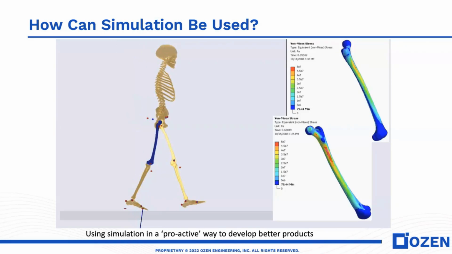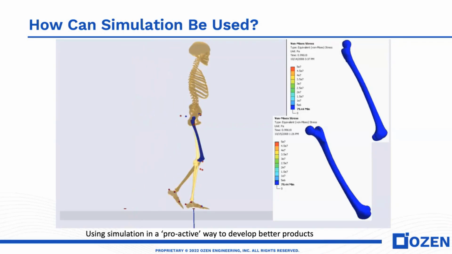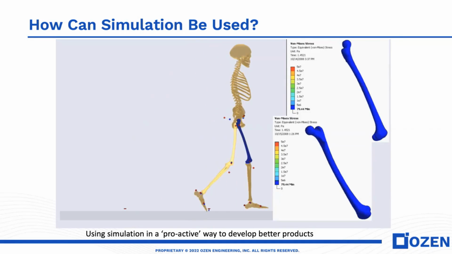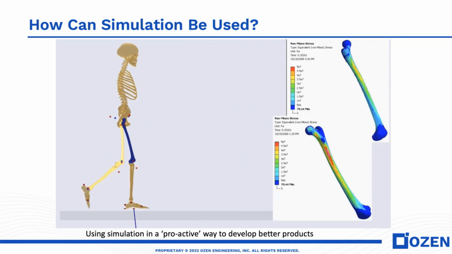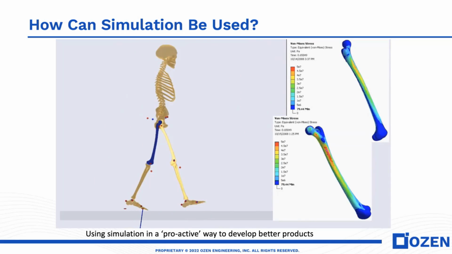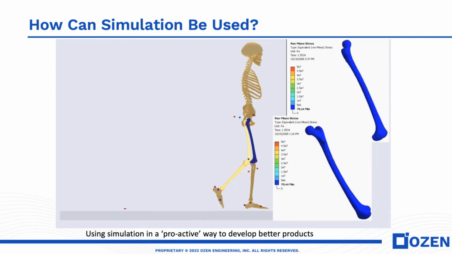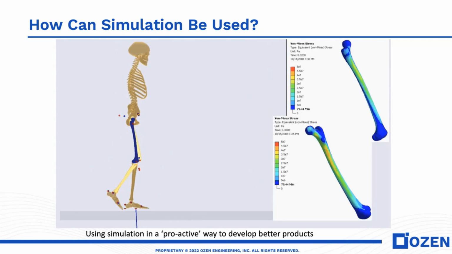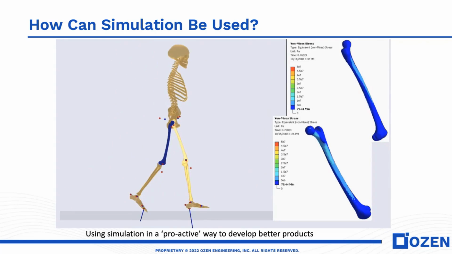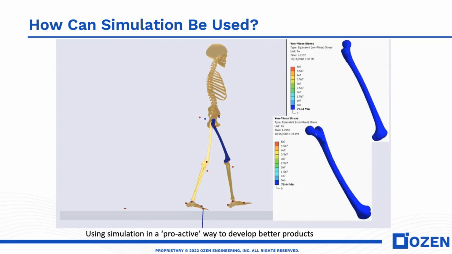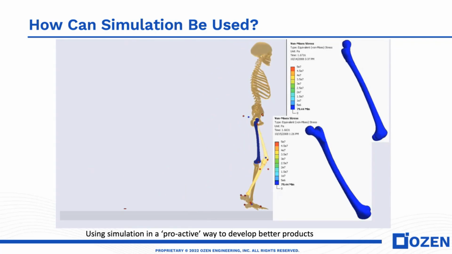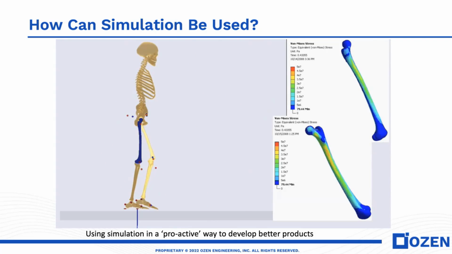So as you see in this animation, we have taken out the muscles, but you can actually see in a dynamic fashion what the stresses are in the bones themselves. And for the bone geometry, you can change the stiffness of the bone.